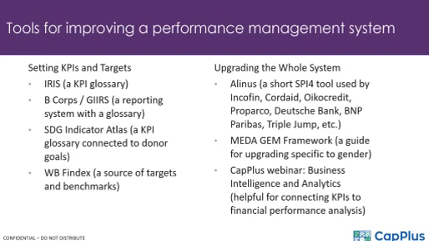Linus is a new series-based tool, or SPI4 tool, that's used by a lot of funders, so it does fit typical KPIs that you may already be required to report. And there are some pretty short manuals for thinking through your existing system that Linus provides that can do a lot of what we are talking about today, that is offer templates for the different components of a performance management system.